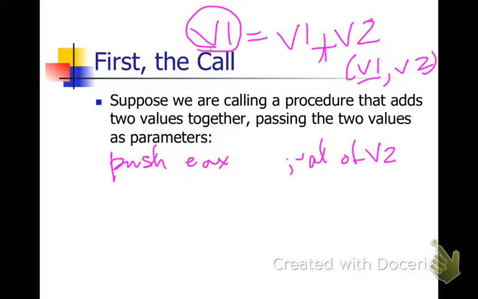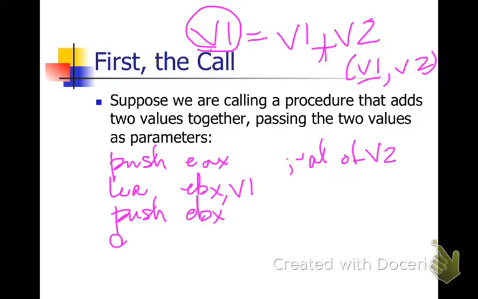So I'm going to have to load the effective address of v1 into EBX and then push EBX. After that, I'm going to issue the call to, whatever we're calling it, add 2, and then this is step 2 of our calling convention, that's step 3.